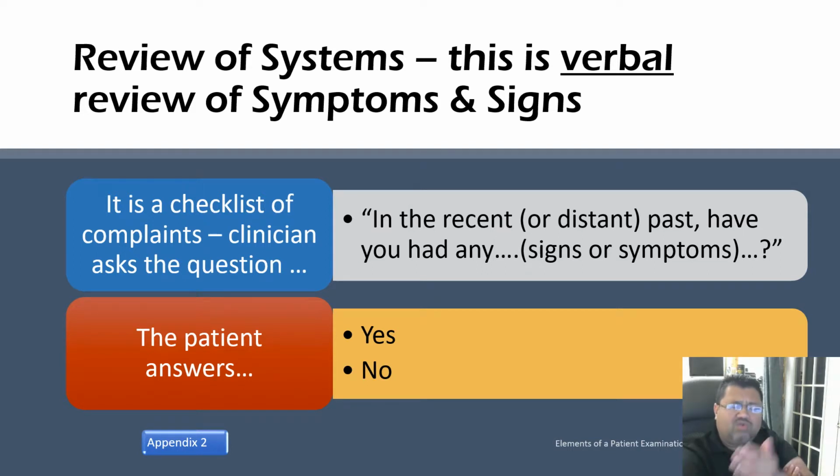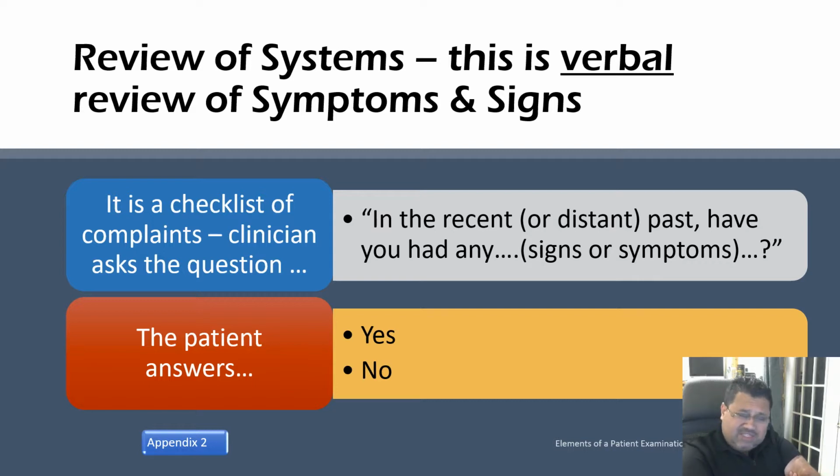And for the throat, we may ask, do you have any difficulty swallowing? Similarly, for musculoskeletal disorders, we ask very specific questions. So for each system, you should learn the questions that you should ask to review their symptoms history.